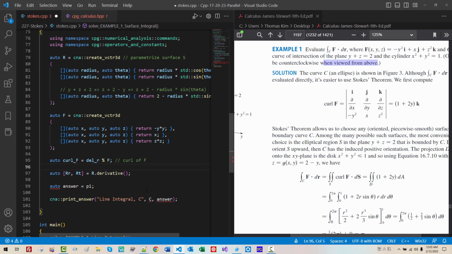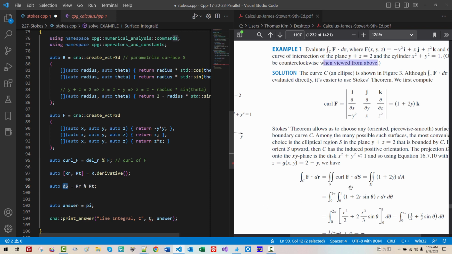It returns two tangent vectors, in the direction of r and in the direction of theta. Now we create curl f dot ds. ds can be computed as r_r cross r_t. This is cross product. This ds represents this ds.